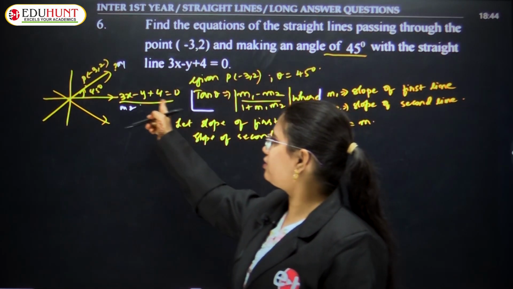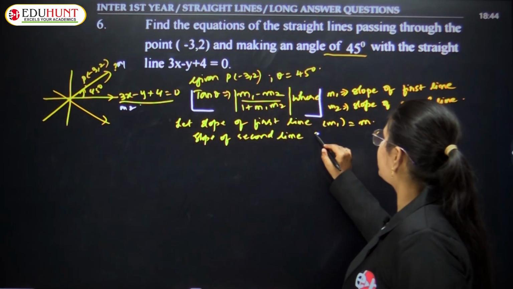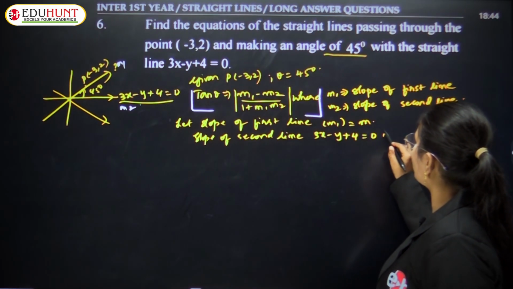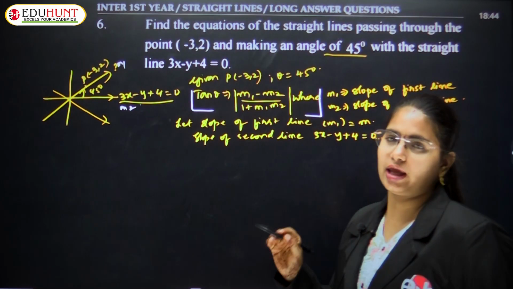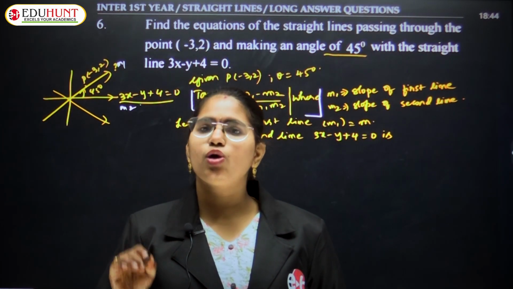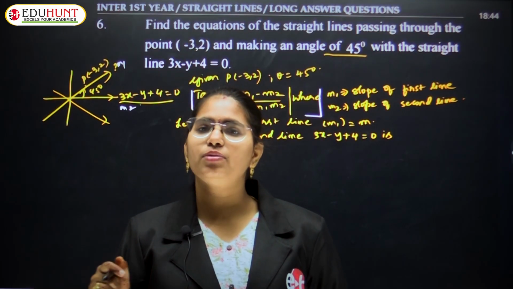means this one. The second line 3x minus y plus 4 equal to 0 is of the form ax plus by plus c equal to 0. What is the formula for slope?